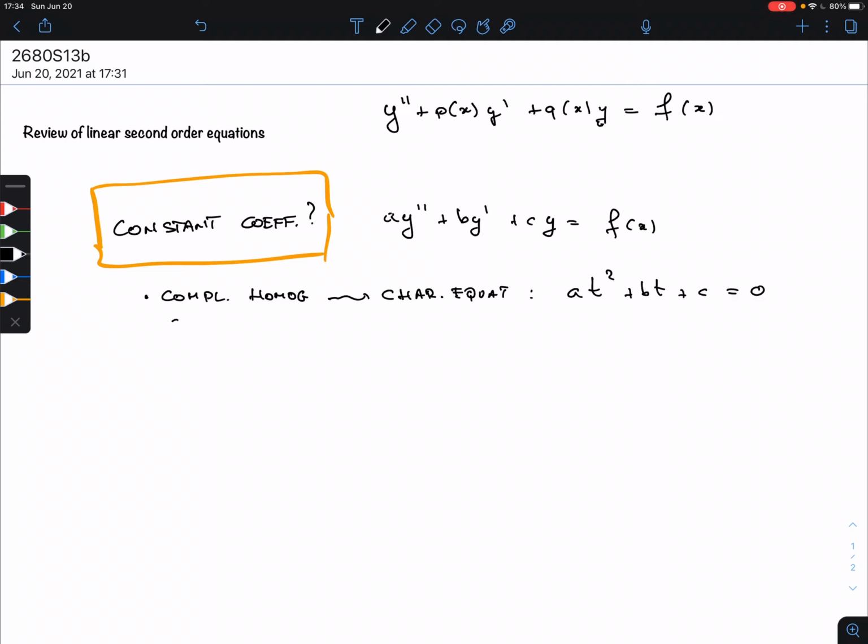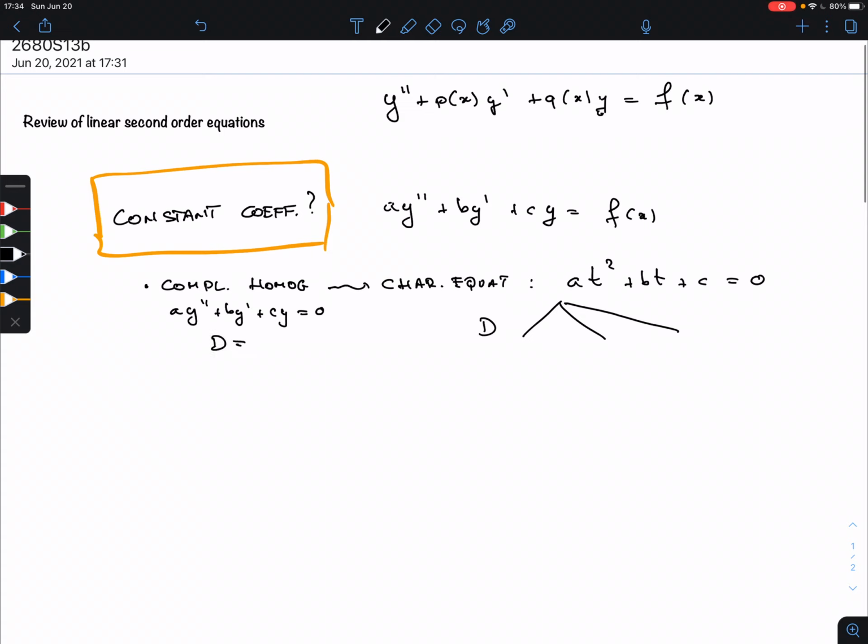So the complementary, just so that we're all on the same page, with that, of course, I mean this guy with the f is 0. Okay, so we solve this, and now there are three possibilities. D is the discriminant, and that is in this case b squared minus 4ac. The D could be positive, the D could be 0, or the D could be negative.